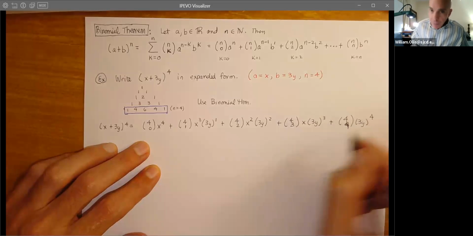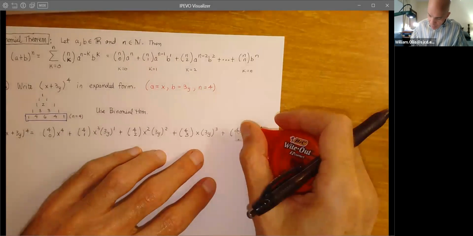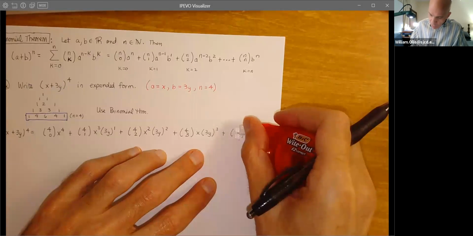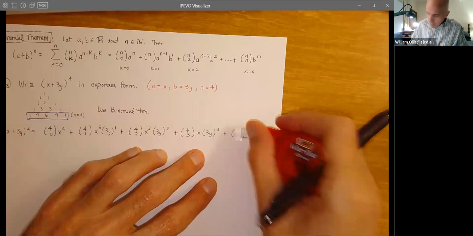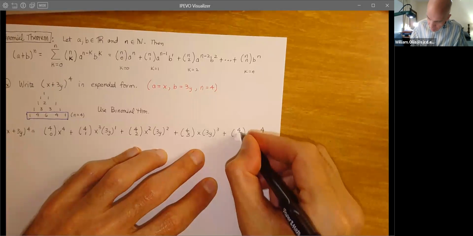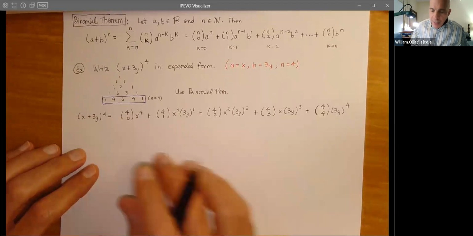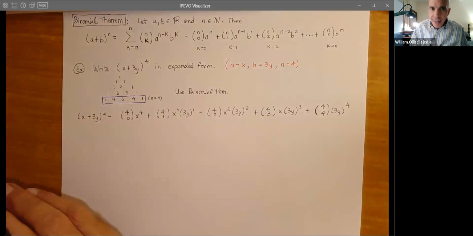And that's a 4 there. That's kind of hard to see. Let me rewrite that so you can see it. There we go.